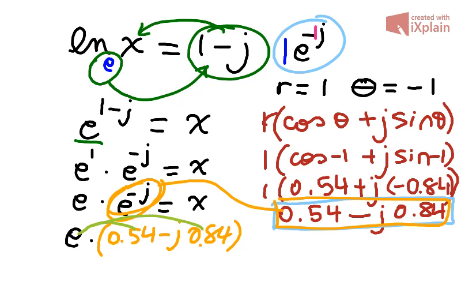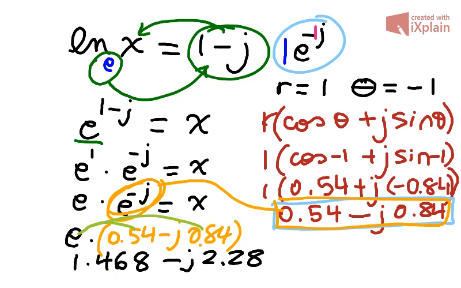So e multiplied by 0.54 will give us 1.468, 3 decimal places, minus e again multiplied by 0.84 will give us 2.28, so j 2.28.